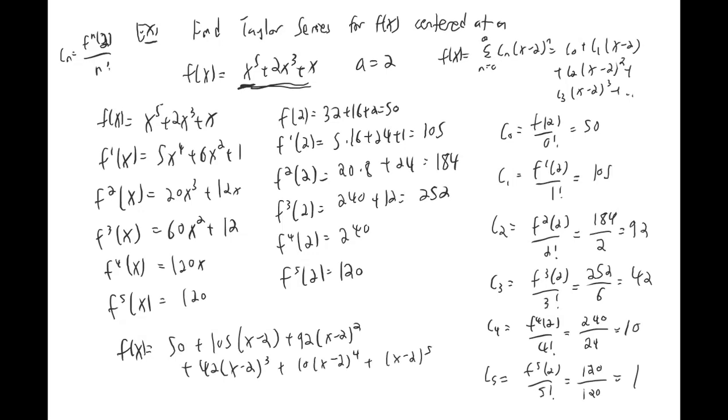And if you really wanted to check your work, you can FOIL all this and you should get the original. The goal of the problem was to recenter at 2.